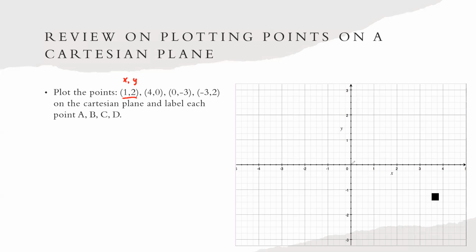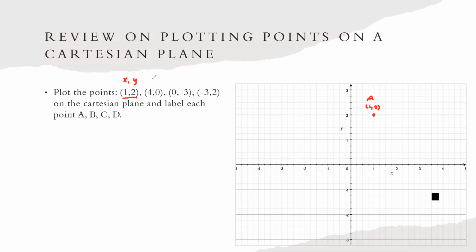We go 1 unit to the right because our x value is positive 1, and then our y value is 2, so go up 2. So it'd be right here. This point is (1, 2), and then just label it A. That's how you graph points on a Cartesian plane.